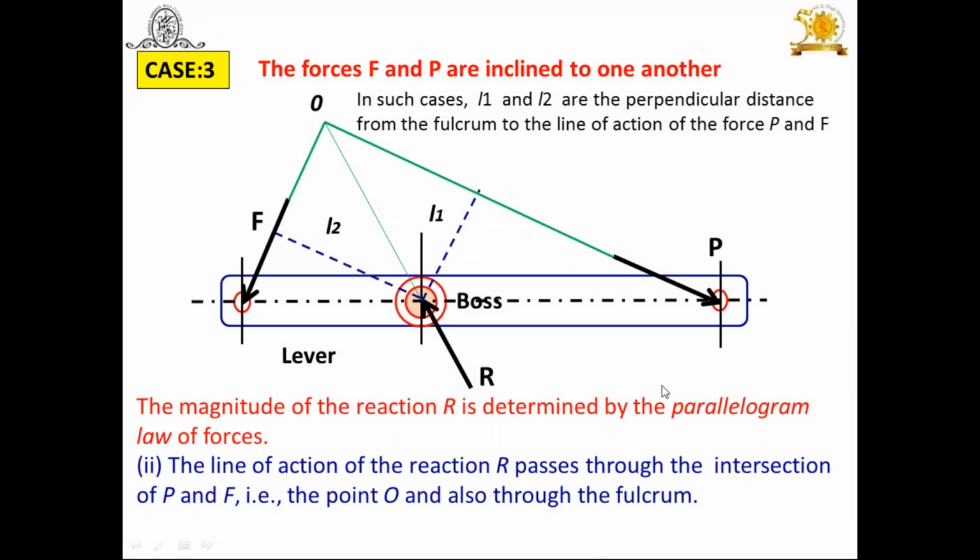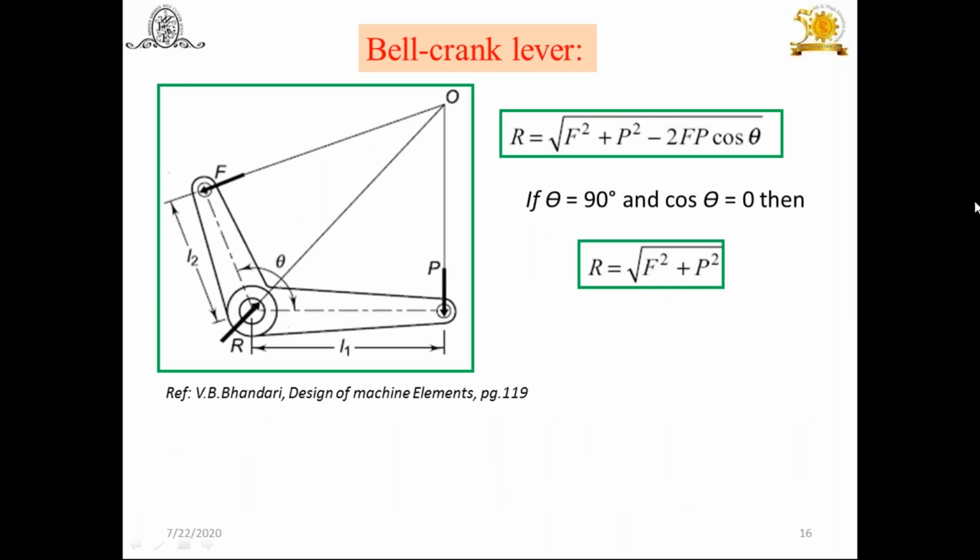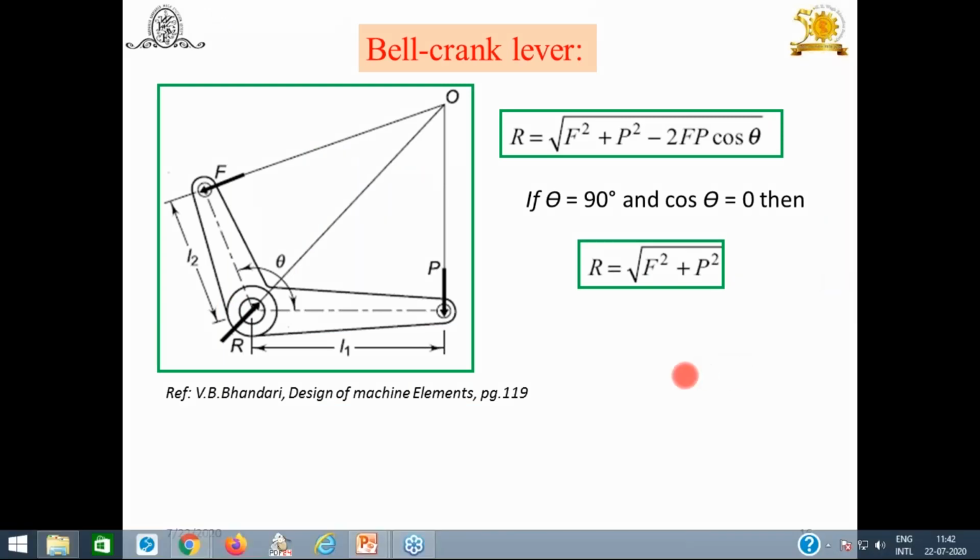Now, this is about the force analysis. Now look at this. In the application, I have told you about one, the bell crank lever. Look at this. This is the bell crank lever. Here is the pivot. This is the load point, where you will get the output force, and this is the effort point.